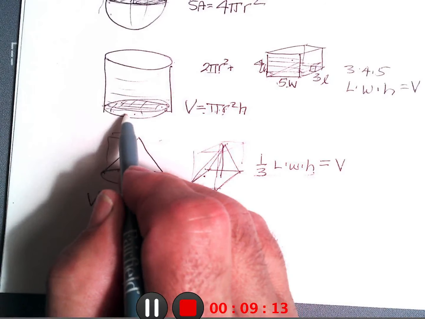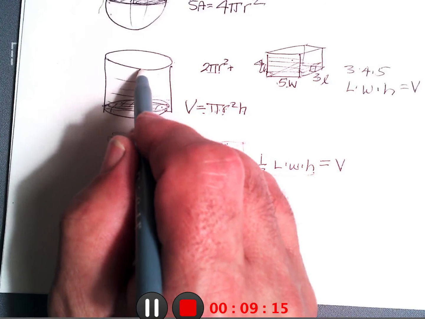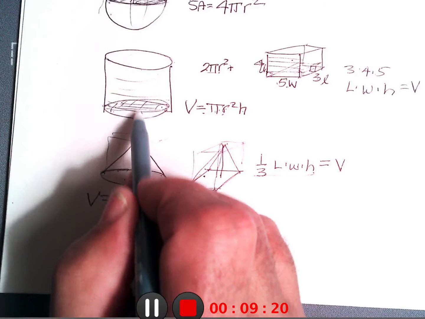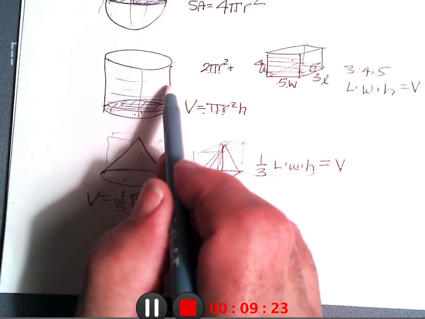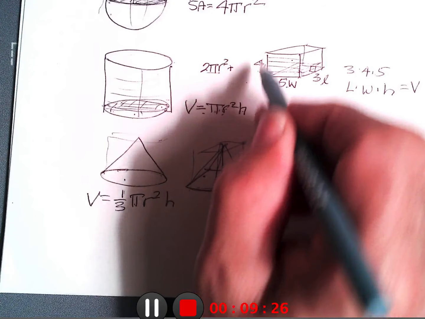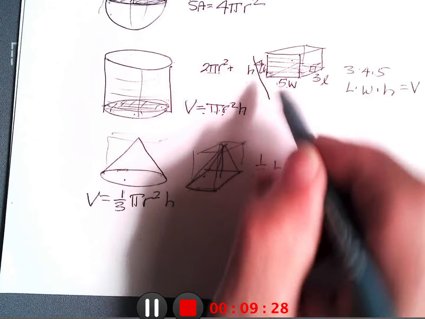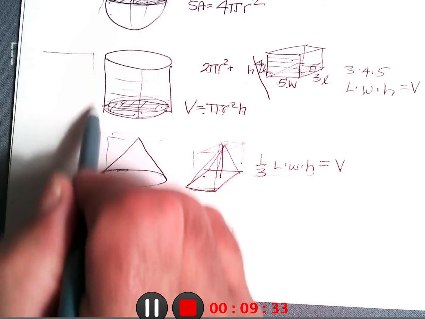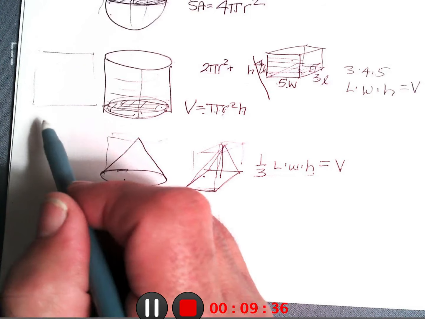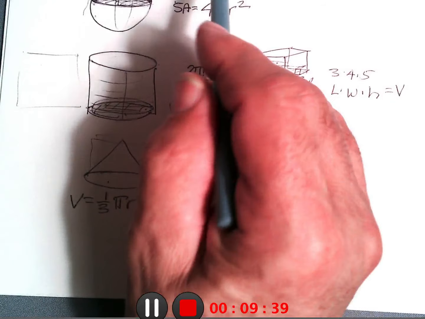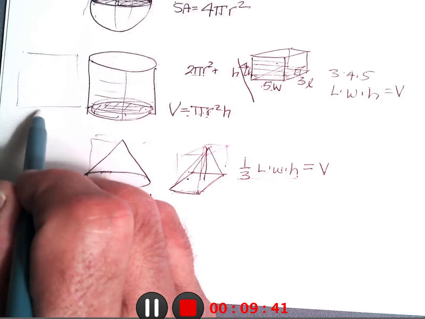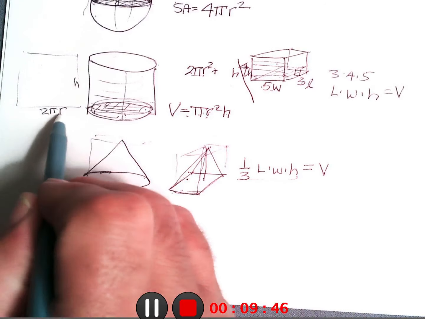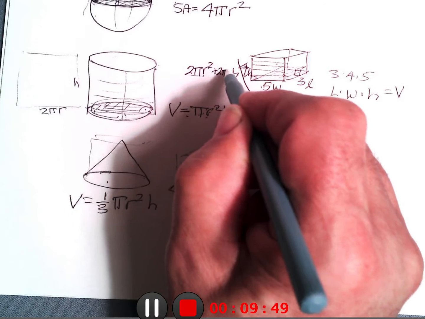Now, if you take a cylinder, imagine a tin can, you cut the lid off and cut the bottom out, slice it up the side, it's going to be the same height all the way through, and it's going to have a length around that rectangle of the same length as going around a circle, and going around the circle is 2 pi r, or pi d, and its height there, so it's 2 pi r times h.